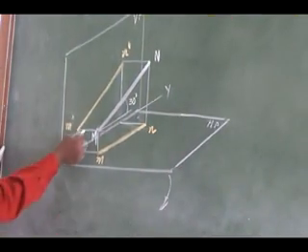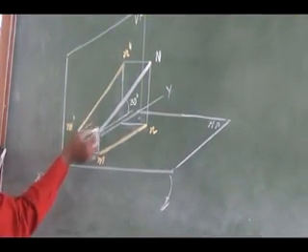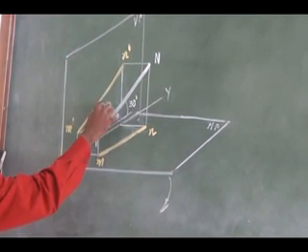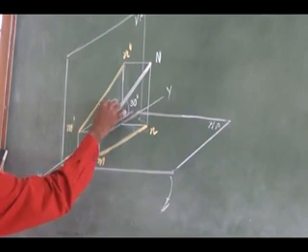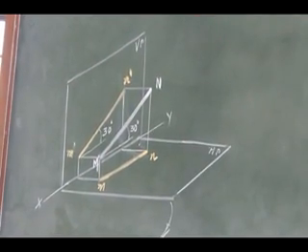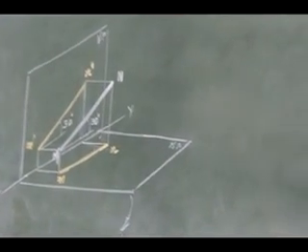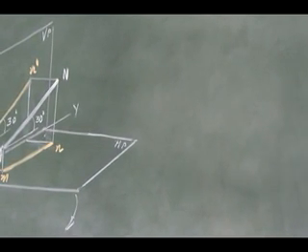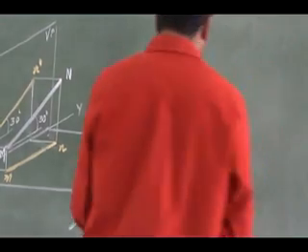See here in the front view, the same true length and the same true inclination will be obtained in the front view. Right? Is it clear? So you have to draw only the projections in your drawing sheet. The projection will be, you have to draw the reference line.